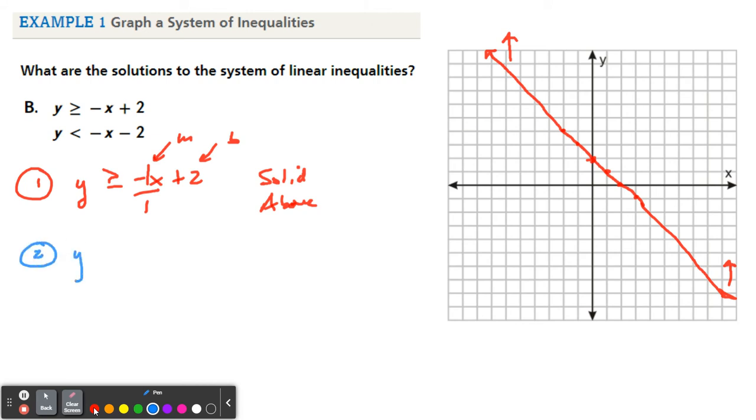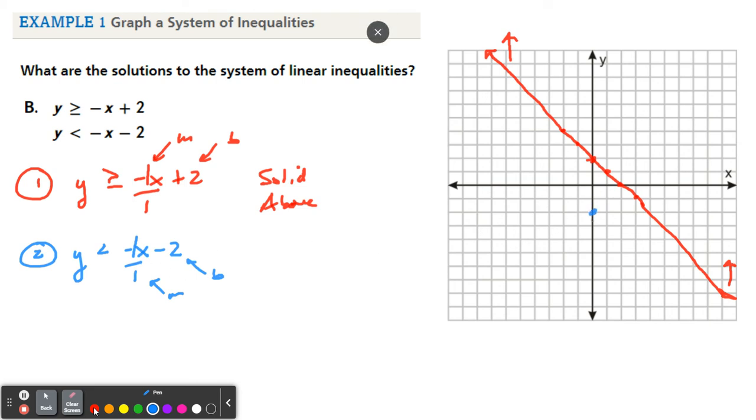Okay, the second inequality, y is less than -x minus 2. So now our b value is a -2. Our slope is still a -1. Put it over 1. Notice that your two slopes are the same, -1 over 1, -1 over 1. That should mean something when you graph, or if you think about it, okay? So we'll graph the b-value of -2.